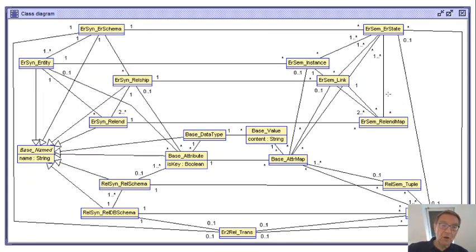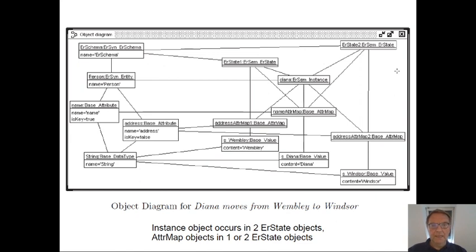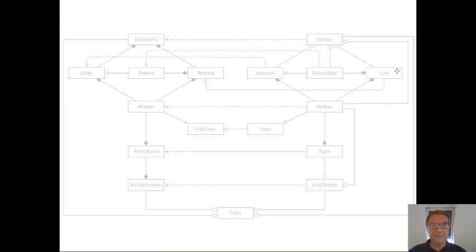The change of state is represented here by having the option of having many ER state objects. Okay, these were these two kinds of sentences that I was playing around with Diana.